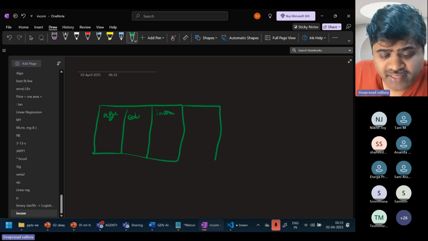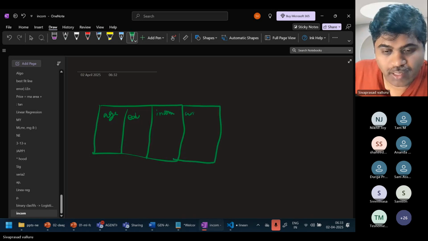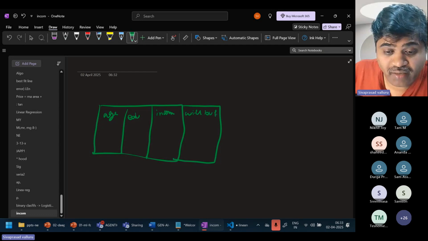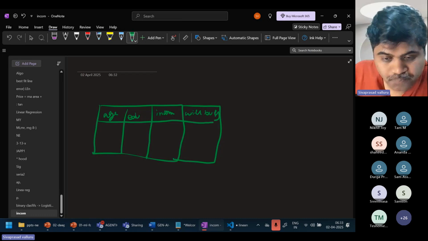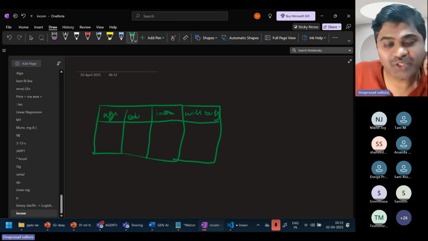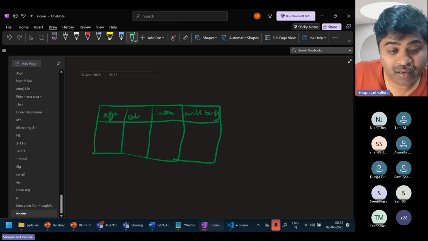Let's assume that I have this data. I want to predict whether a person will buy an insurance or not. Whether a person will buy an insurance or not is dependent on all this: education, age, and income.